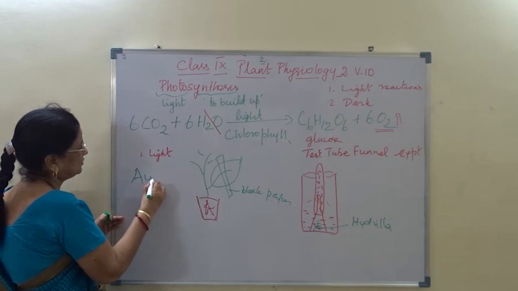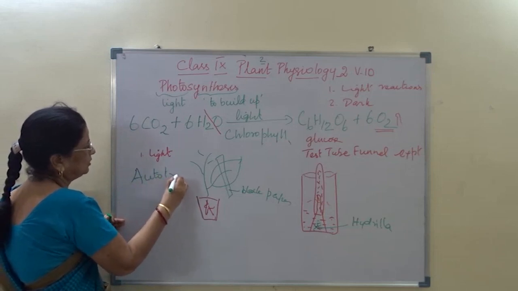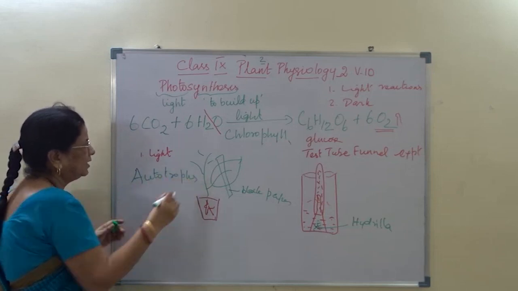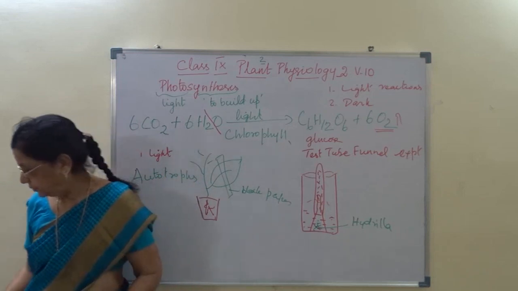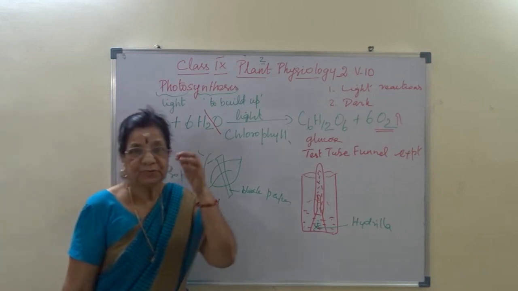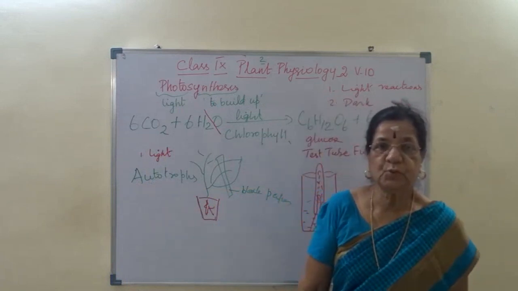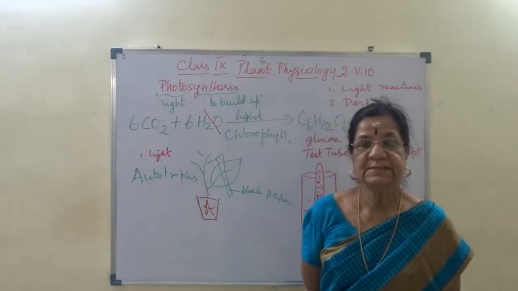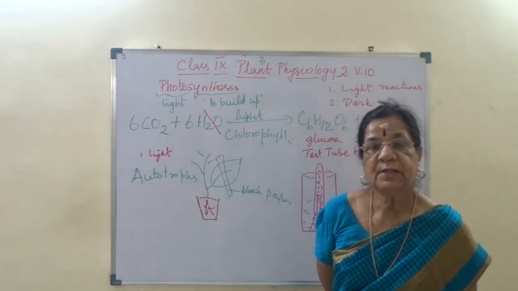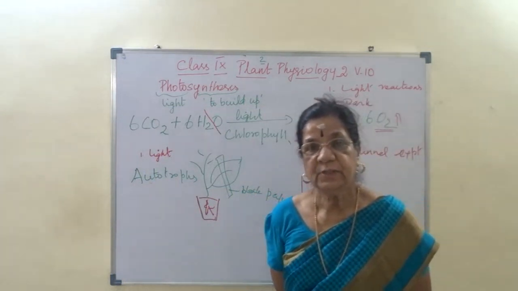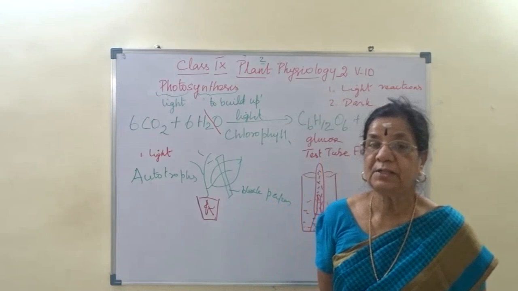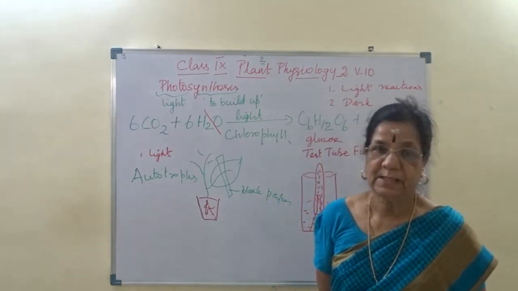Green plants which are capable of preparing their own food, they are called autotrophs. Otherwise, the plants which cannot prepare their own food are non-green plants, or they are depending on other living or non-living organisms. They are called heterotrophic plants.